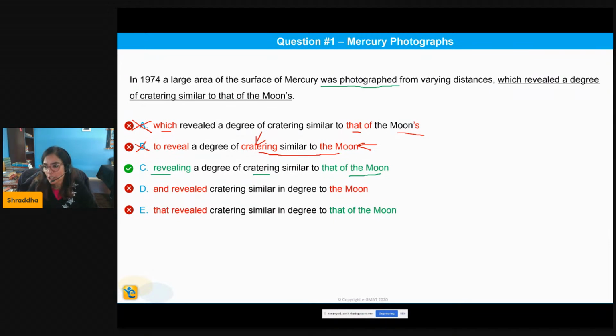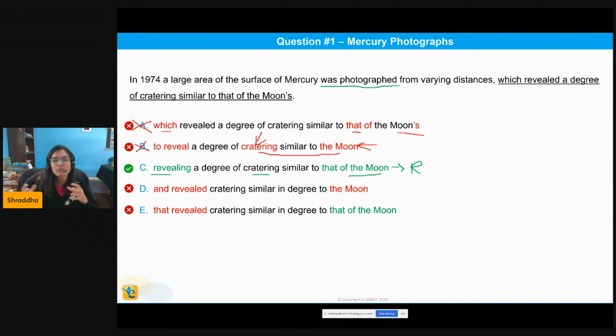So revealing a degree of cratering, why is comma plus verb ing modifier correct over here? Because this modifier is actually presenting the result of the preceding action. The surface of Mercury was photographed, and as a result we saw that the surface of Mercury revealed a degree of cratering.